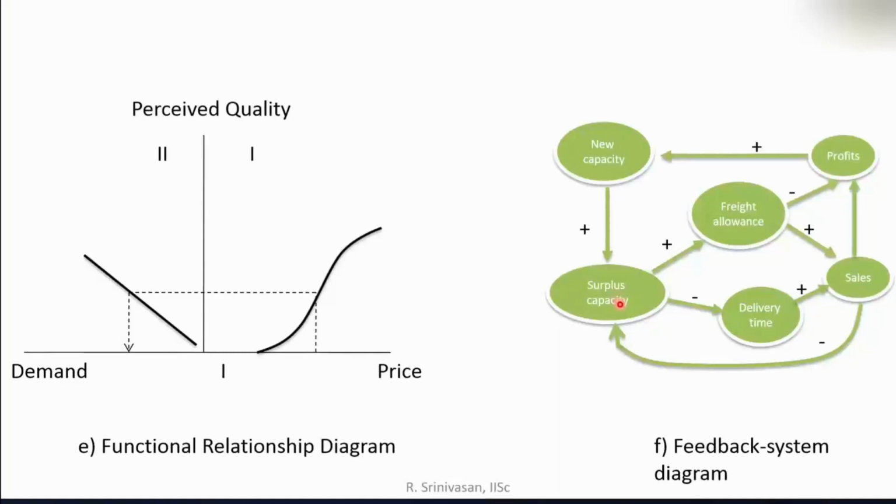But the surplus capacity which you are going to create is likely to increase the demand for freight also. That is, freight alliances might become more. And what is going to happen to the delivery time? If you have a surplus capacity, your delivery time will have a negative effect. That means it is going to decrease and your sales is going to increase.